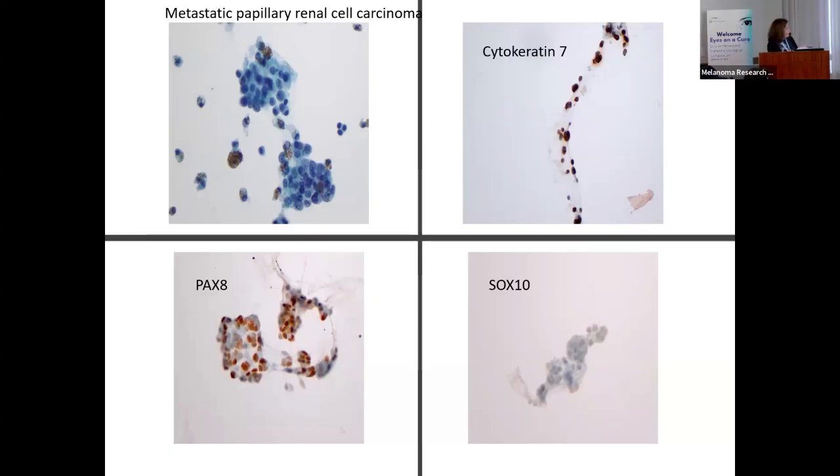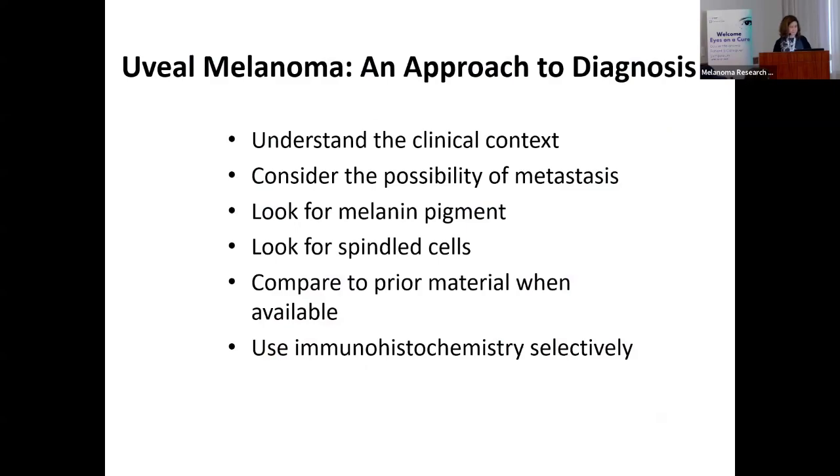And this is the melanoma marker. It's not brown. Brown means expressed. So this is not a melanoma because this is not brown. It's something else that expresses other markers that are specific, in this instance, to a kidney cancer. So we have those types of tools at our disposal.